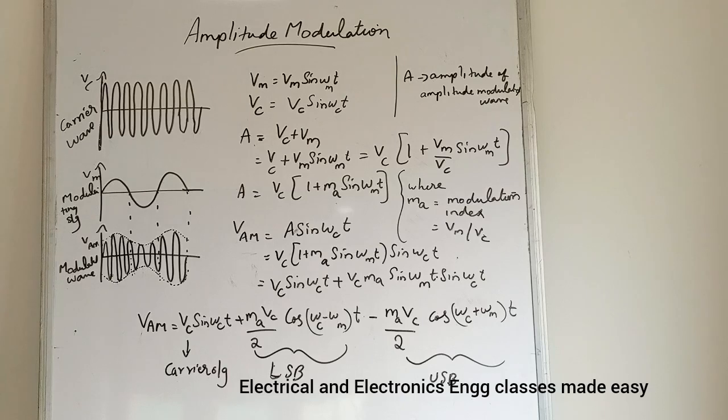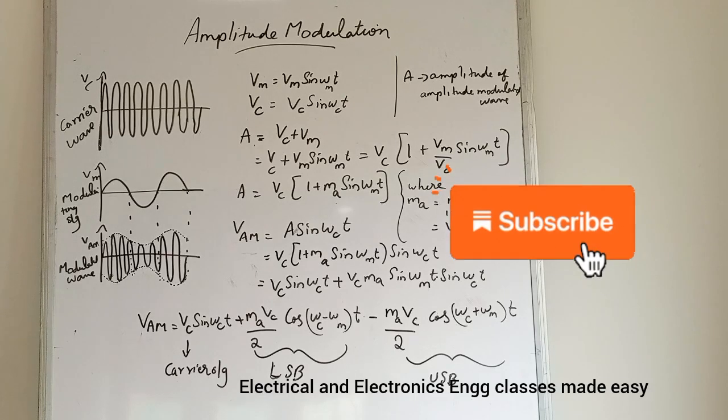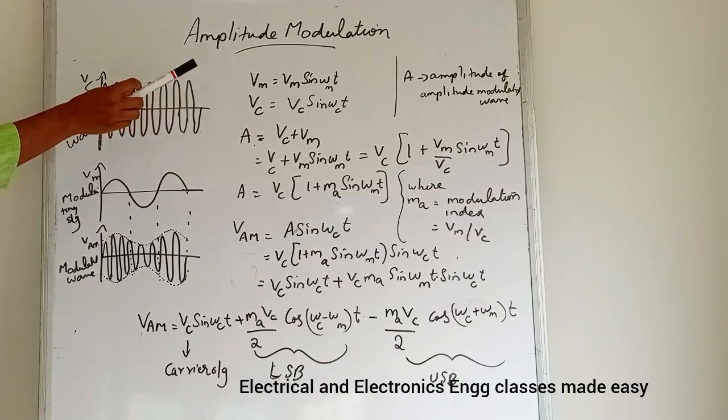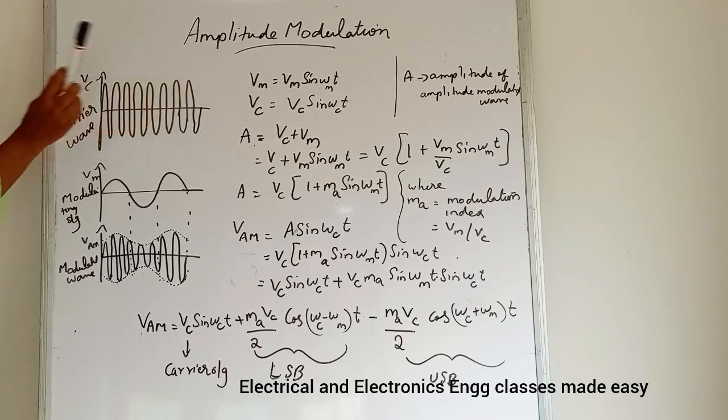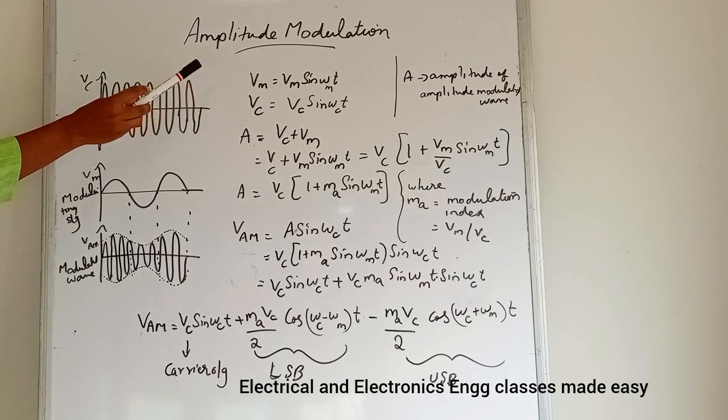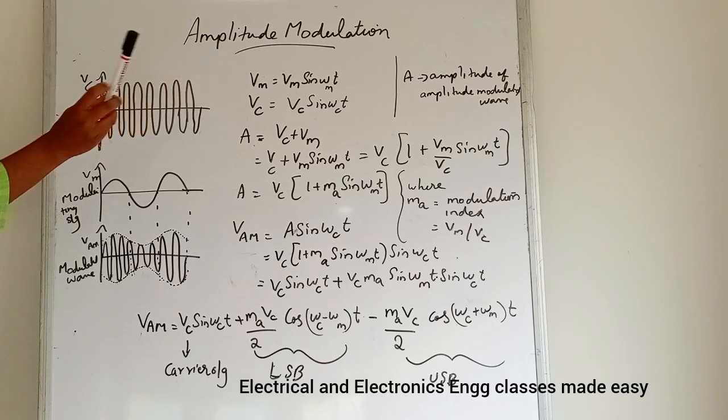phase constant. Let the instantaneous voltage of the modulating signal be Vm = Vm sin ωm t, where Vm is the amplitude of the modulating signal and ωm is the angular velocity of the modulating signal.